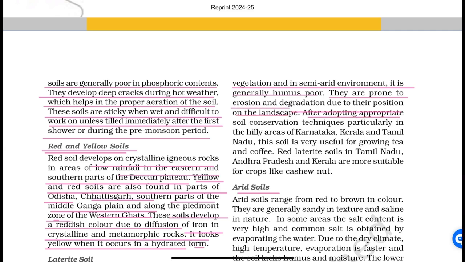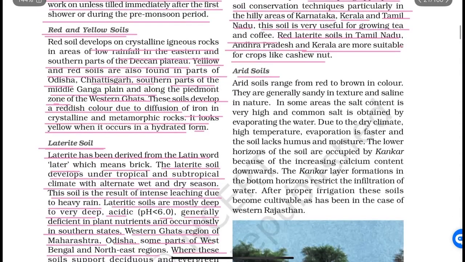After adopting appropriate soil conservation techniques, particularly in the hilly areas of Karnataka, Kerala, and Tamil Nadu, this soil is very useful for growing tea and coffee. Red laterite soils in Tamil Nadu, Andhra Pradesh, and Kerala are more suitable for crops like cashew nut.